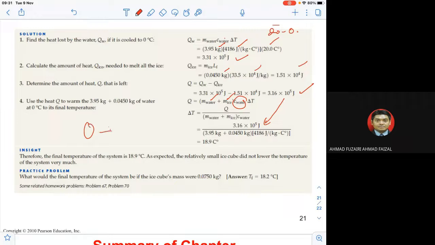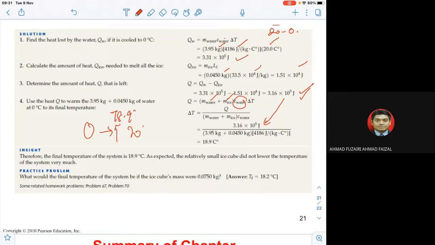From 0 to 20 degrees, it reached 18.9 degrees Celsius as the final temperature. So the remaining heat is equivalent to 3.16 times 10 to the power of 5 joules.